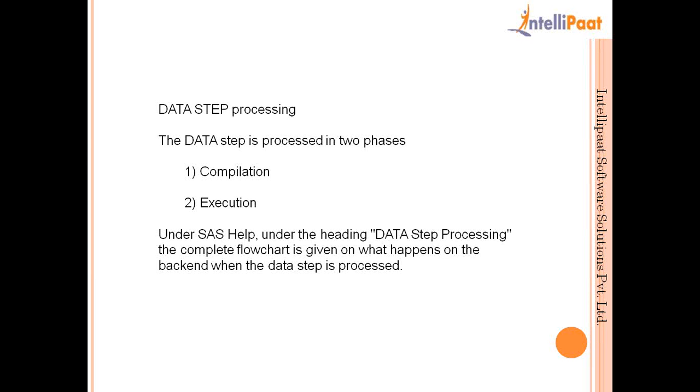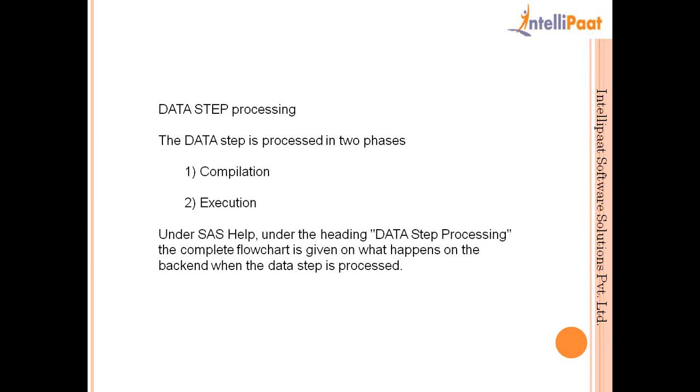In the same way, whenever we write a SAS program, in the first phase it gets compiled, and in the second phase, whatever code is compiled gets executed. Sometimes we get errors in the compilation phase as well. Whatever errors we get in the compilation phase are basically syntactical errors.